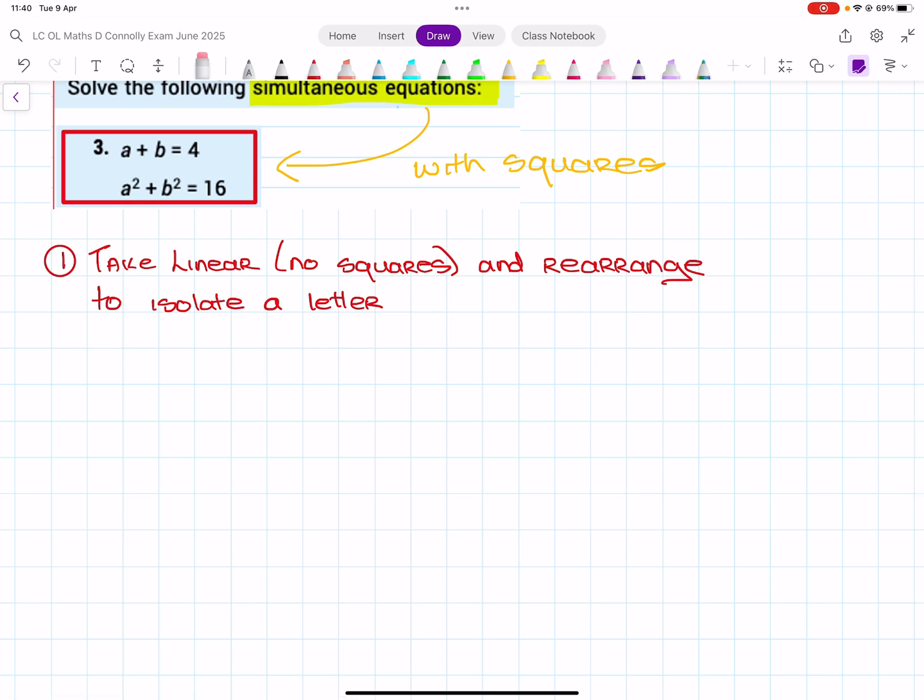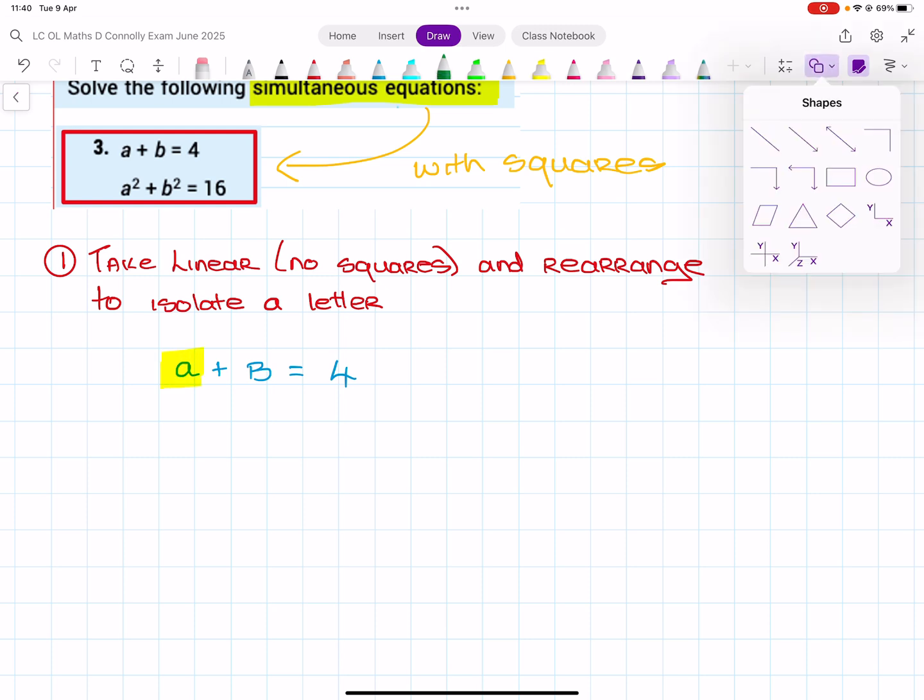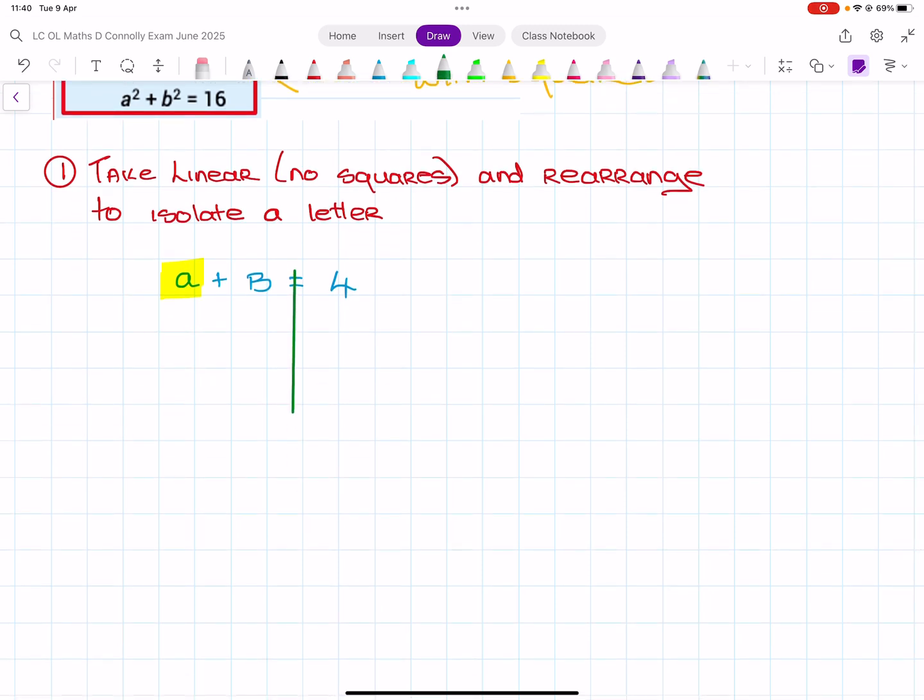So we're going to take the linear equation, which is this one here. I'm going to write it down, and then I am going to isolate a. I'm going to drop my line here. I want to isolate a, which means I want it on its own. So I need to get rid of the b.